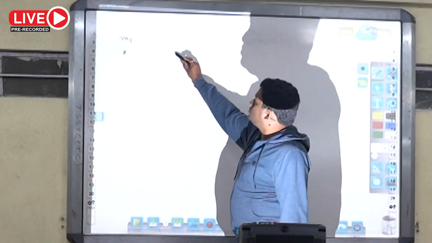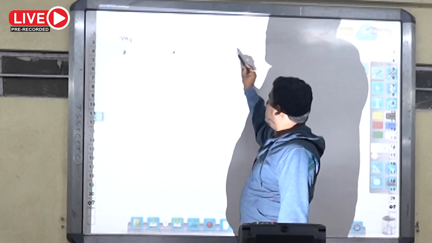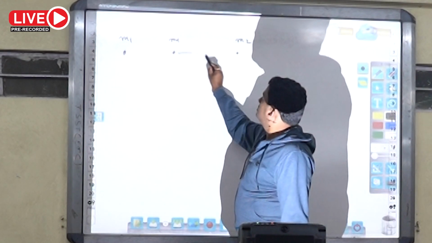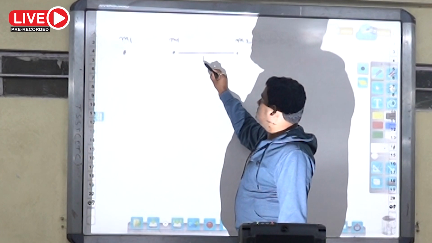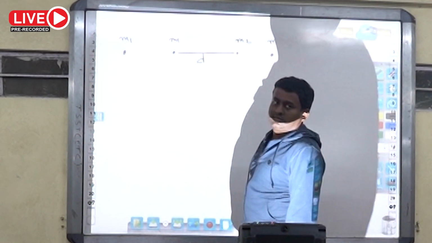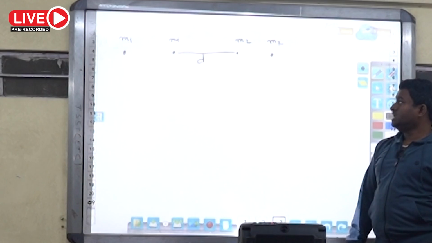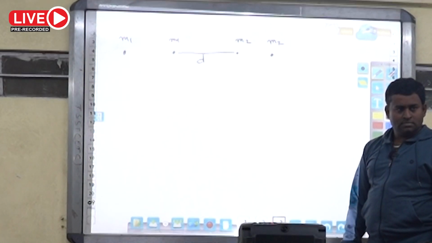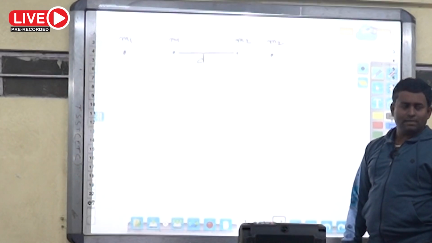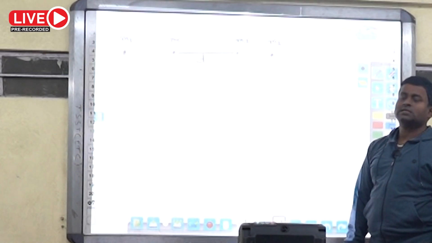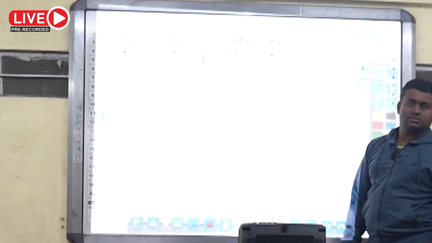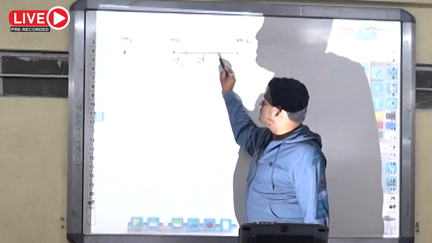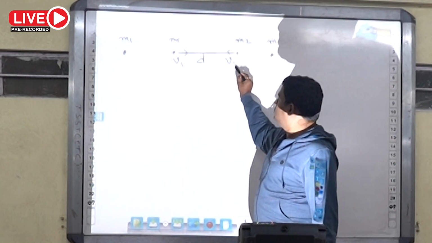Now when they come to distance d, the potential energy is negative, minus G m1 m2 by d, and kinetic energy develops because here the velocity is v1 and here v2.